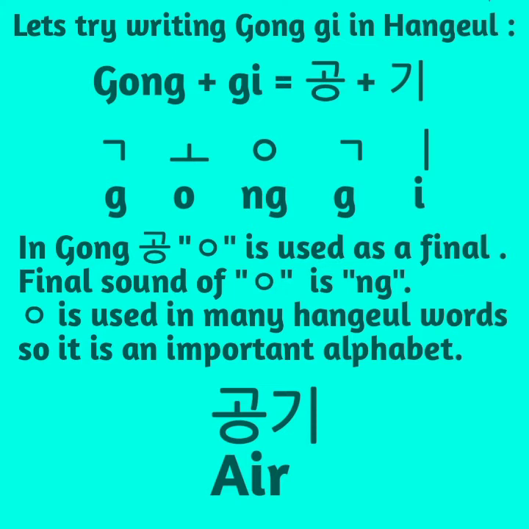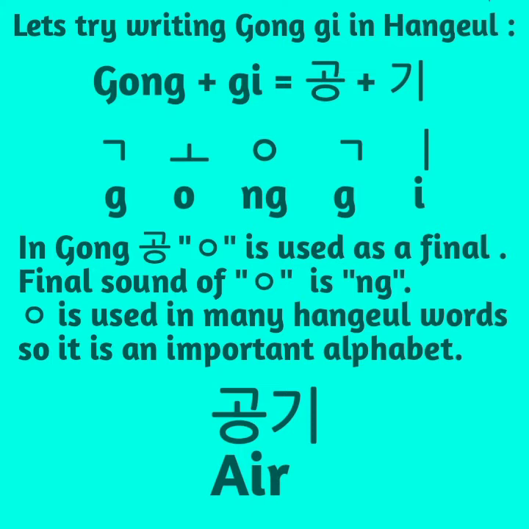Let's try writing Khongki in Hangul. It is also composed of two blocks. First is Khong and second is Ki. Here you see that Iyong is used as the final, so we will use the final sound of Iyong. The first block is composed of Kiok, O and Iyong.